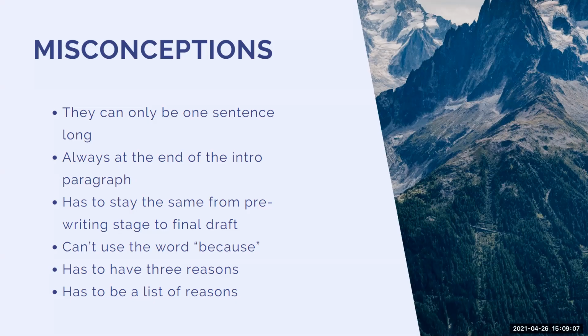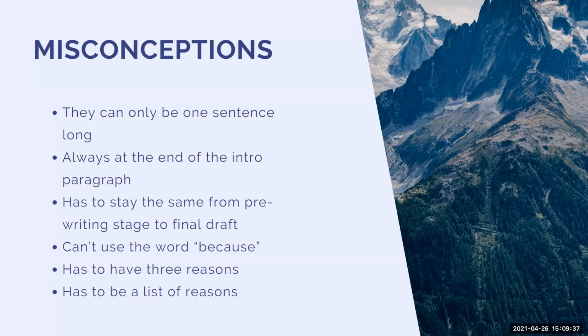Another myth that we hear is that a thesis has to have 3 reasons. You can have one reason that's large enough to expand upon throughout your essay. You can have more reasons. It doesn't have to be limited to 3. This comes out of the standard 5-paragraph essay model, which you will most likely be moving away from the more you write in your undergraduate and academic career.